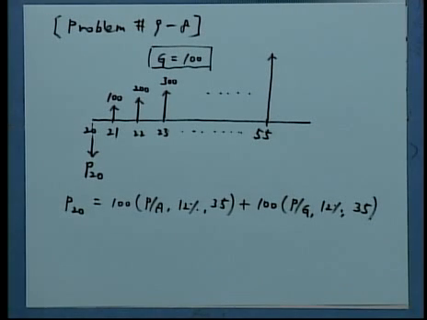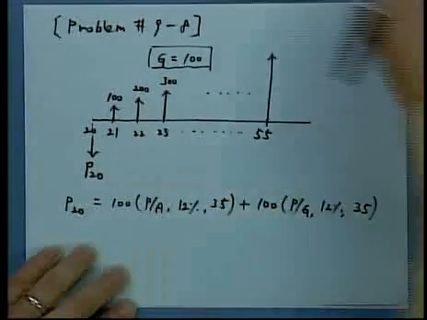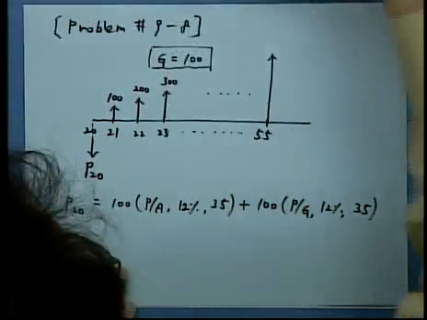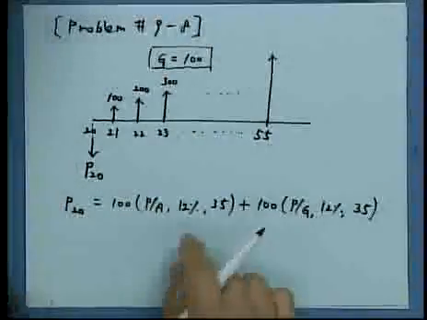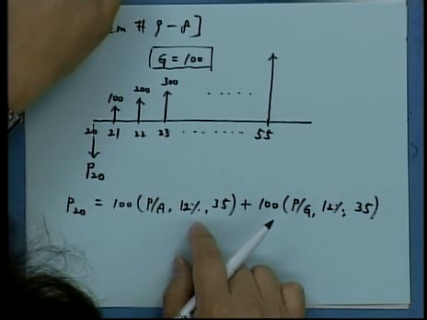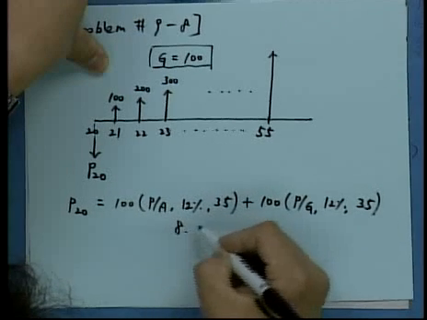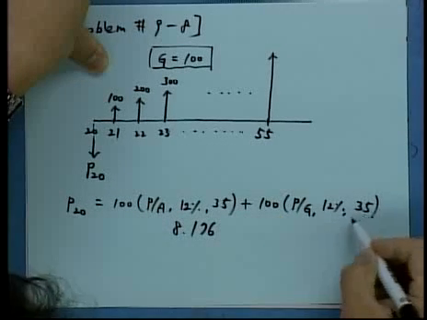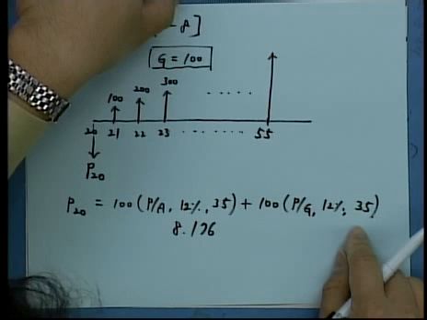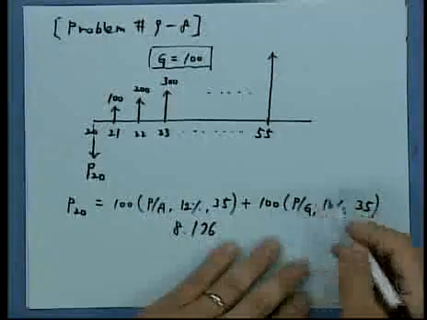So the P given A, 12% over 35 periods, is 8.176. P given G, 12% over 35 periods, is 62.605.